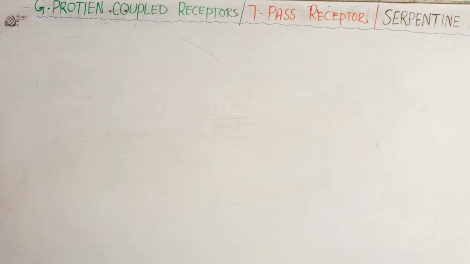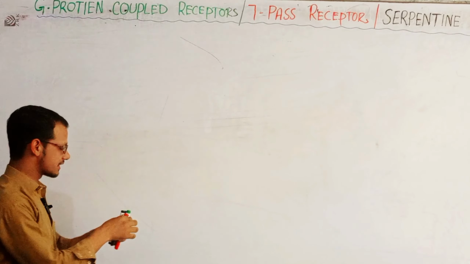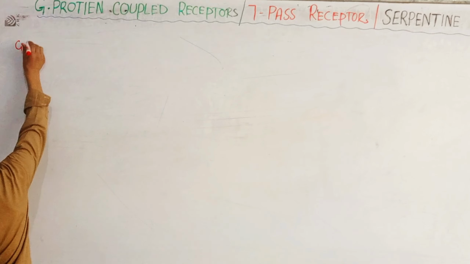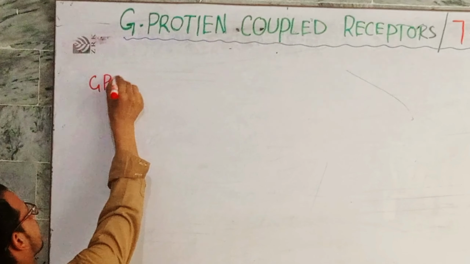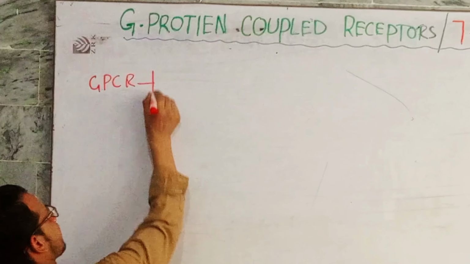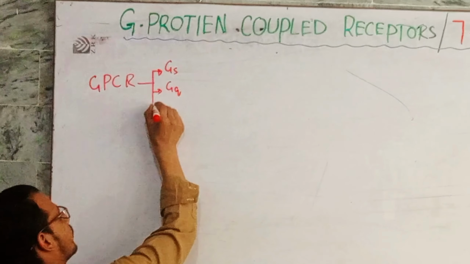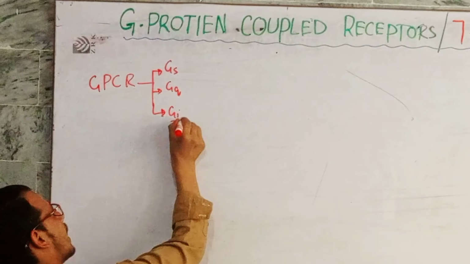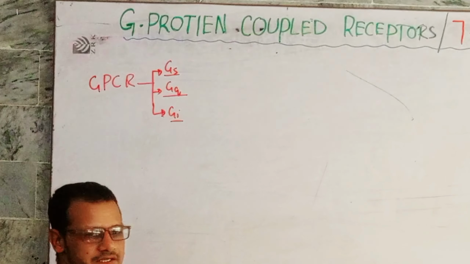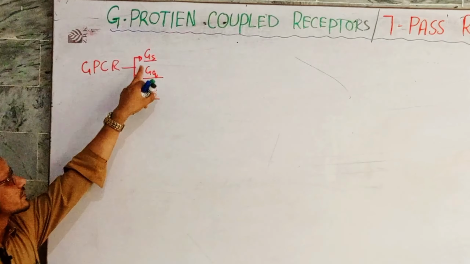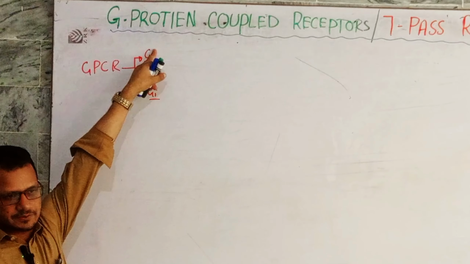G protein coupled receptors are divided into 3 classes: GS, GQ and GI. Why are they classified as GS, GQ, GI? This is for the G proteins.